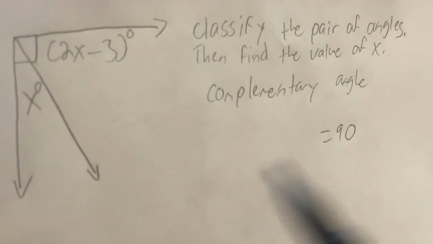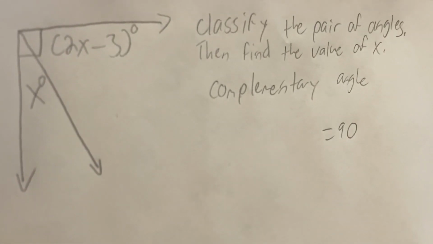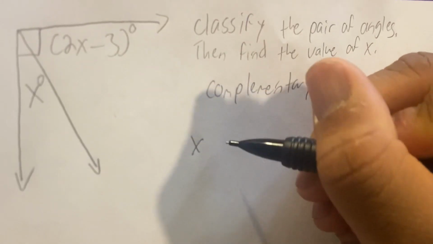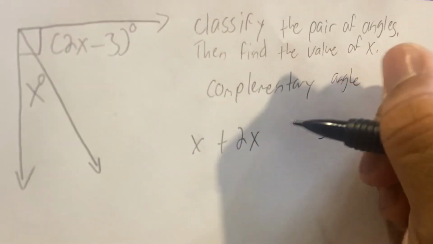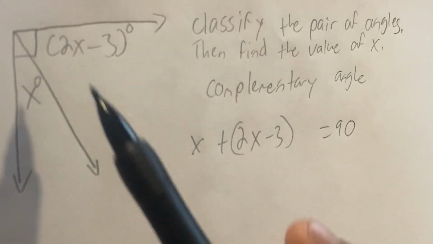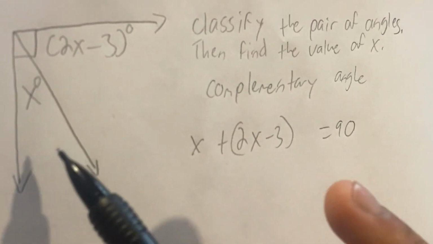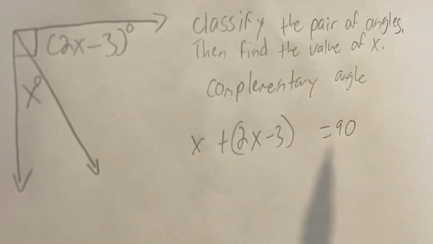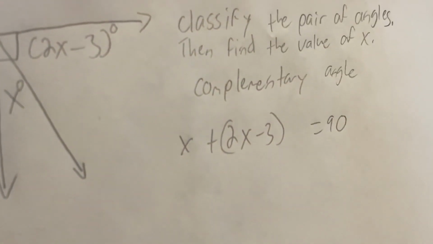However, these angles are going to be x plus (2x minus 3). I'm going to put it in little parentheses just to divide it. Since these two angles are right next to each other and equal a right angle, it's going to be 90 degrees. Let's keep on going.